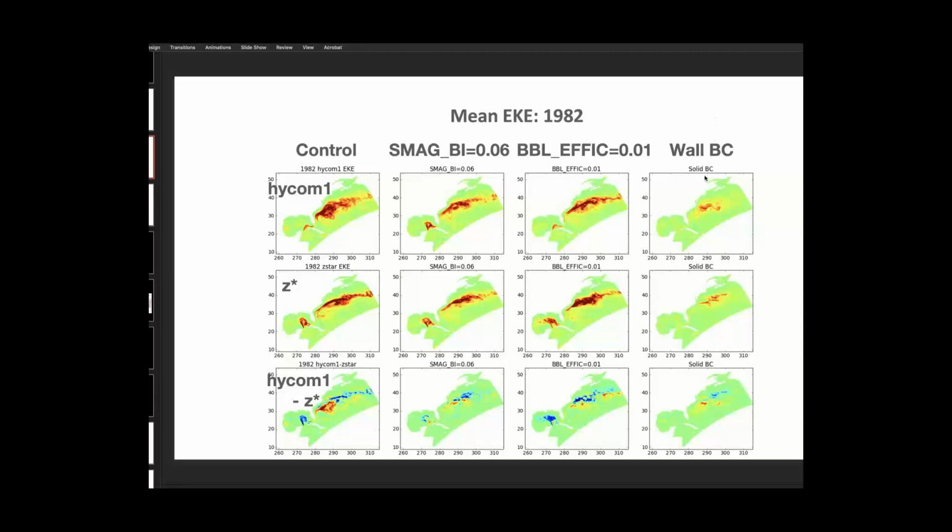So here where you see the wall boundary condition, we just closed it off, right? At some point, we had a hard time understanding whether some of it is due to the different values of the parameterizations, or because of issues with the open boundary conditions behaving differently than we expect with the different vertical coordinates.